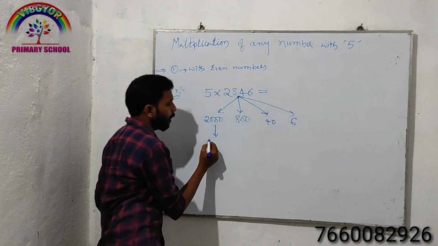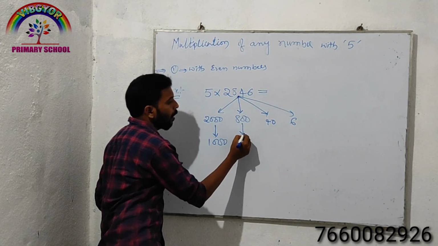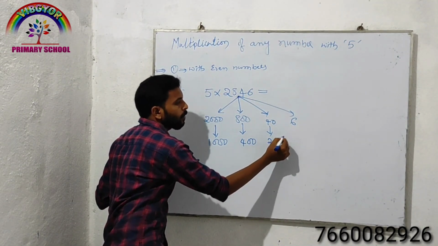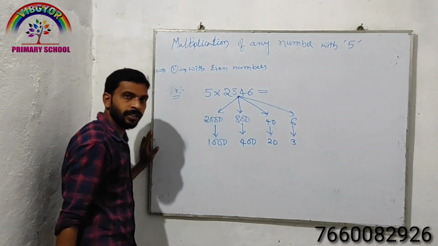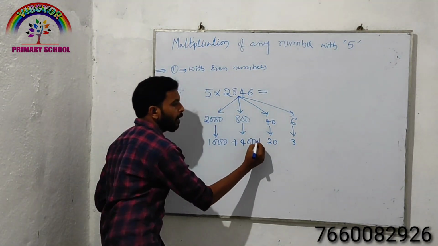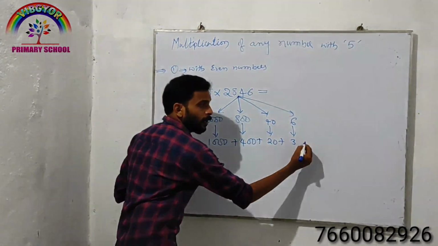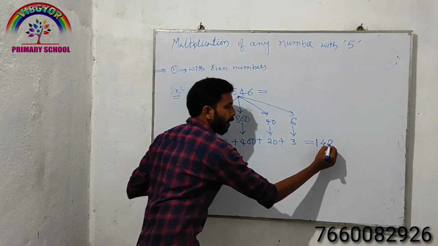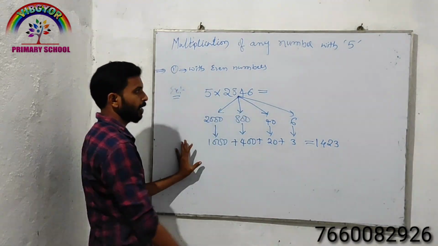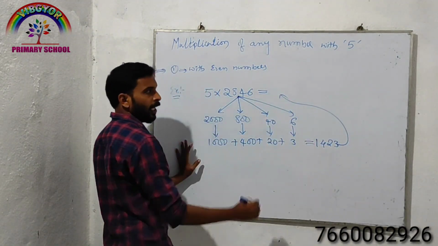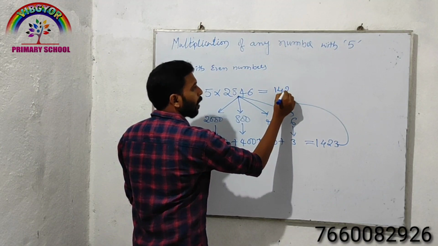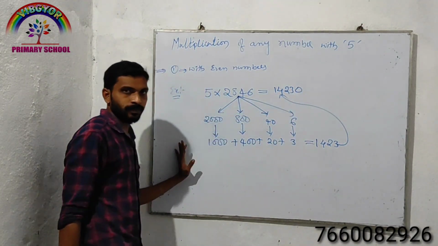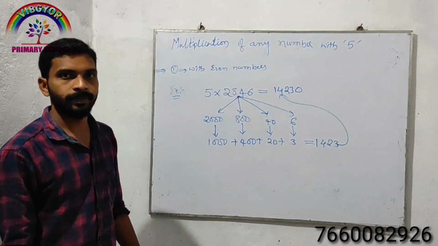Half of 2000 is 1000, half of 800 is 400, half of 40 is 20, half of 6 is 3. If you add these, you are going to get 1423. Simply keep this here, 1423, and to get the answer keep 0. That is your final answer.